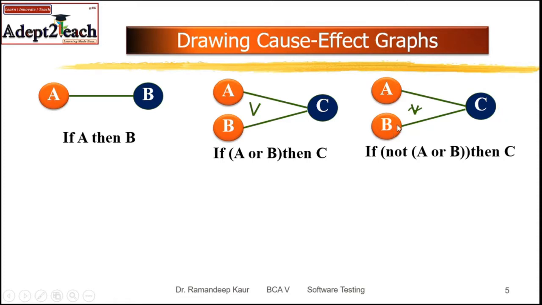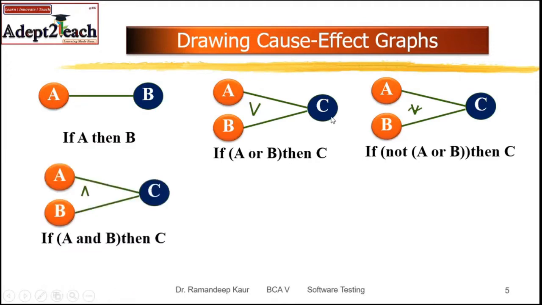So let's say A and B are the conditions. We say that if none of the conditions exists, we are making it a nor. Then C. Likewise, in the previous case, if either of the conditions exists, then we will get an output C.